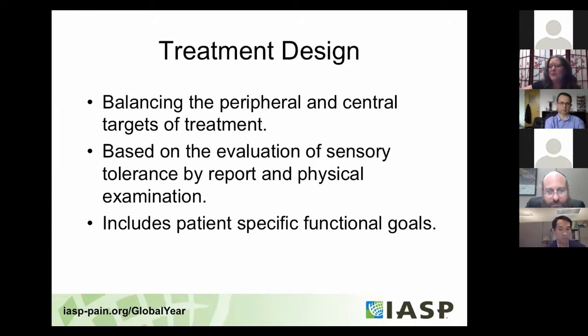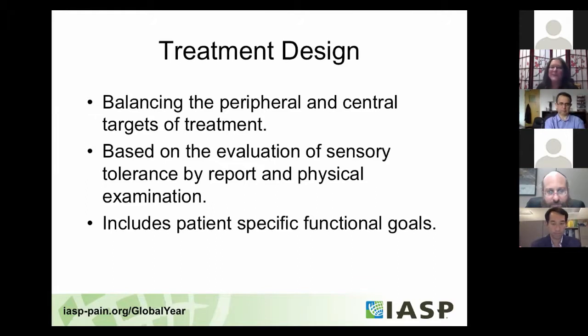So it truly is a multimodal assessment and treatment design to get started on helping these people experiencing pelvic pain. We're going to base that design on the evaluation of the sensory tolerance and their reports in the physical examination. And it needs to also include patient-specific functional goals.